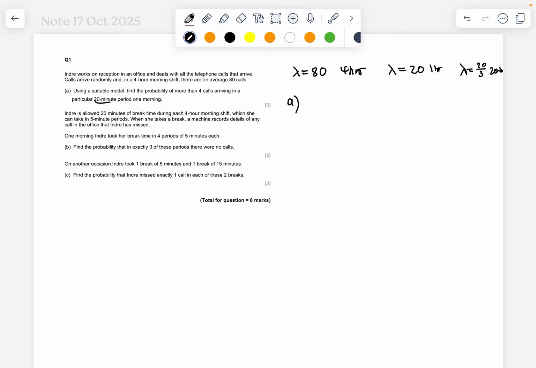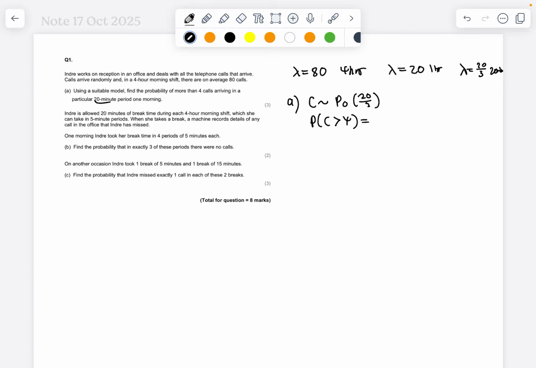And that's basically what we're looking for. So calls are roughly distributed with a Poisson, and our lambda is 20 over 3.